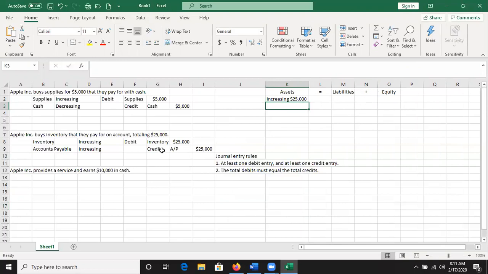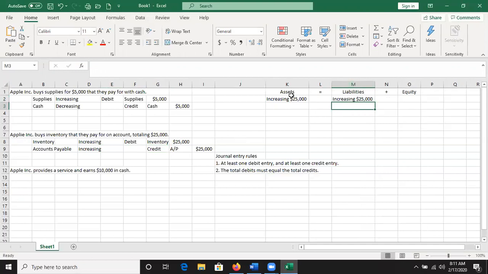Well, accounts payable is a liability, which we said was increasing with a credit, so liabilities are increasing 25,000. So assets increase 25,000, but liabilities increase 25,000. So that means the equation would definitely equal. Okay? So that's good.